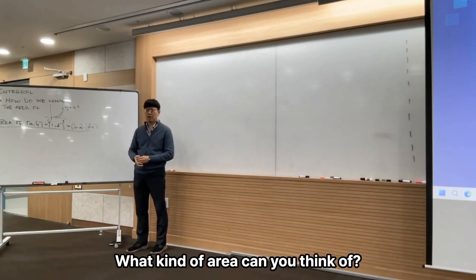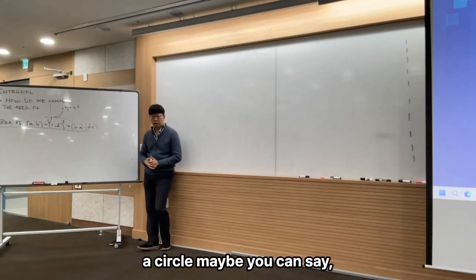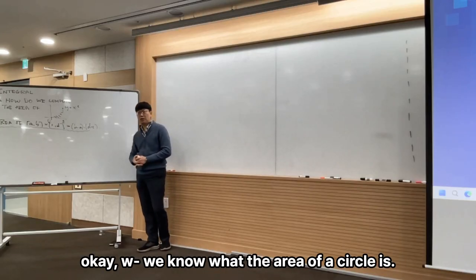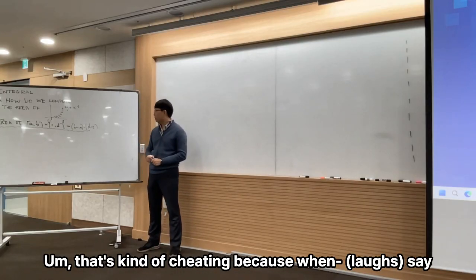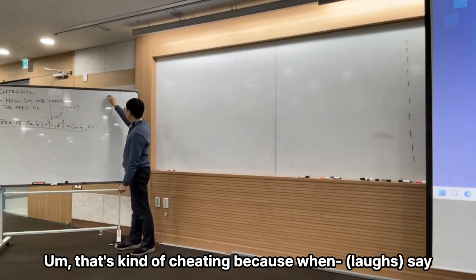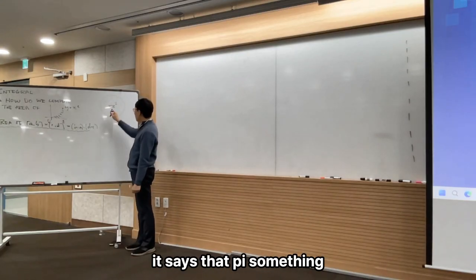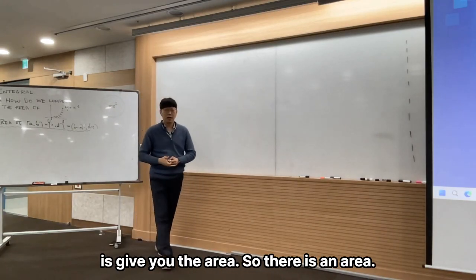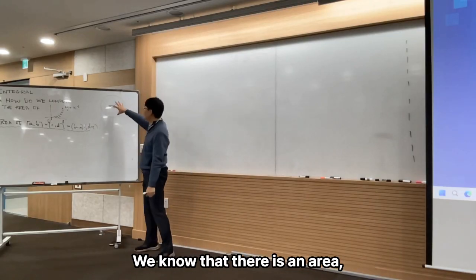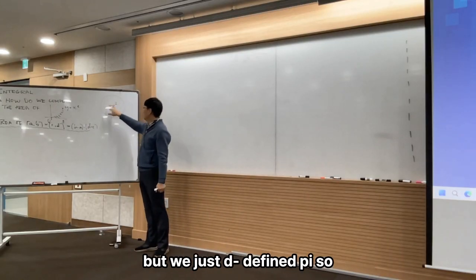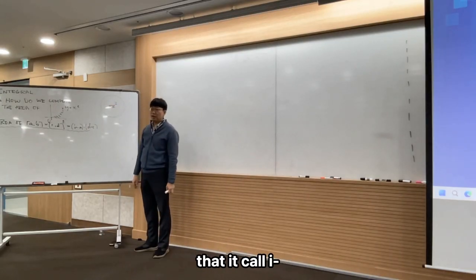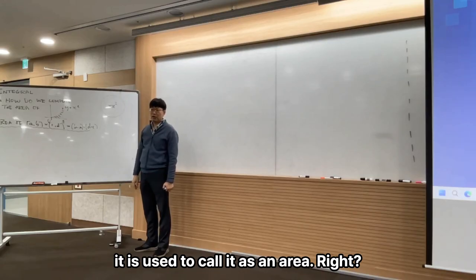What kind of area can you think of? For example, a circle. Maybe you can say, well, you know what the area of a circle is. That's kind of cheating, because when you say the area of a circle is pi r squared, it says that pi gives you the area. We know that there is an area, but we just defined pi so that it is used to call it an area, right?